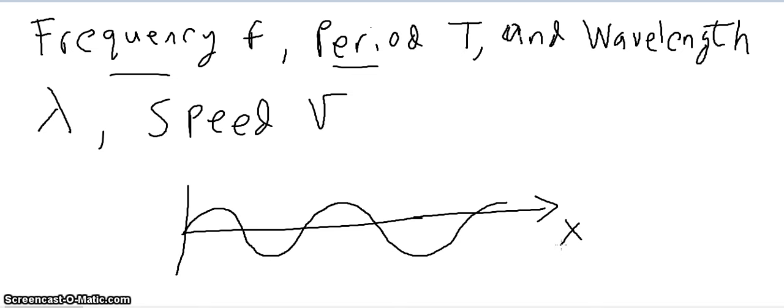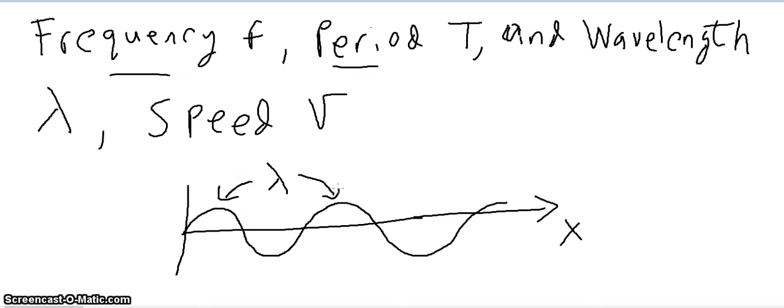Remember, the last time we talked about the time it takes to go from one part of a wave to where it repeats itself. This time we're looking for the distance that the wave travels. So the distance, we use the Greek letter lambda, for a wave to go through one complete cycle.